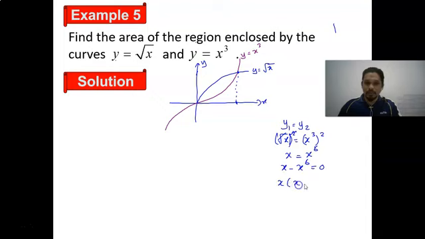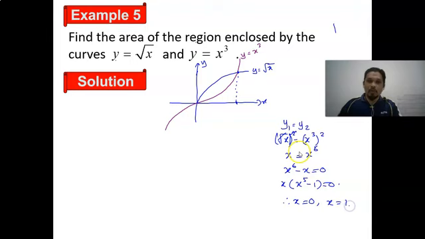Let's bring this x, so then x to the power of 6 minus x equal to 0, then x times (x to the power of 5 minus 1) equal to 0. So then x equal to 0, then x equal to 1. So this is x equal to 1.